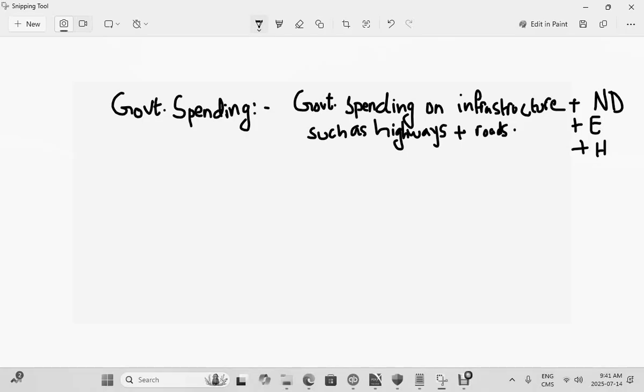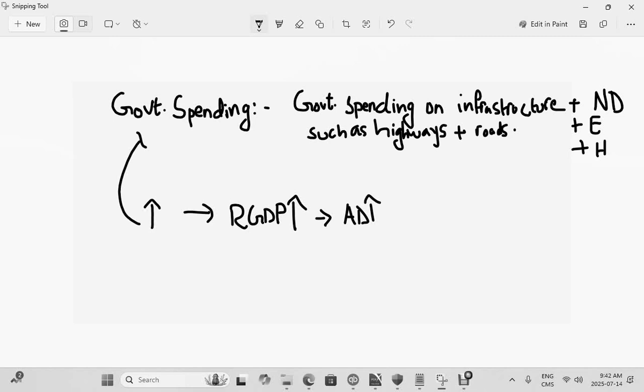We know that as government spending goes up, your real GDP and aggregate demand go up. Government spending has to do with a couple of things, including tax policies.